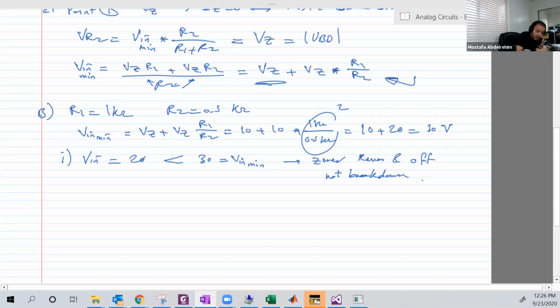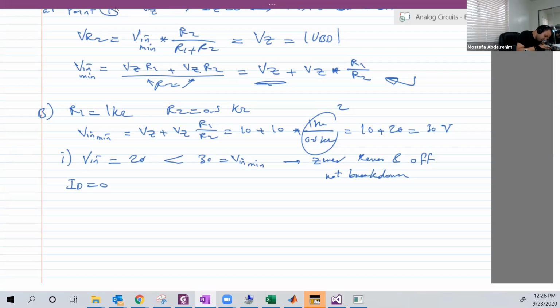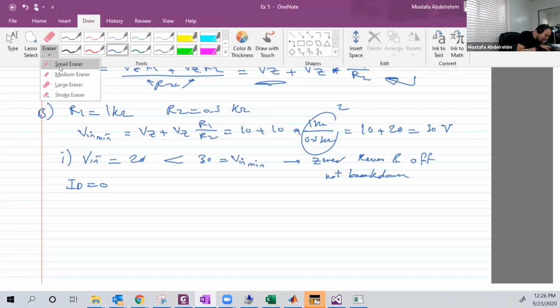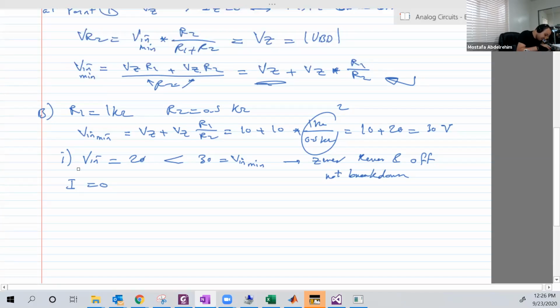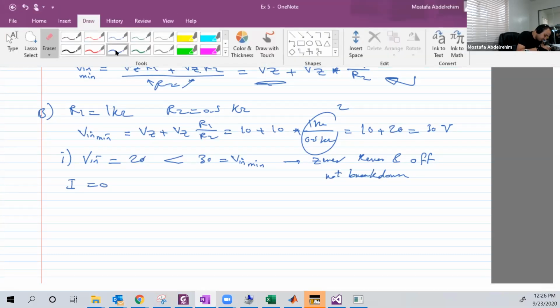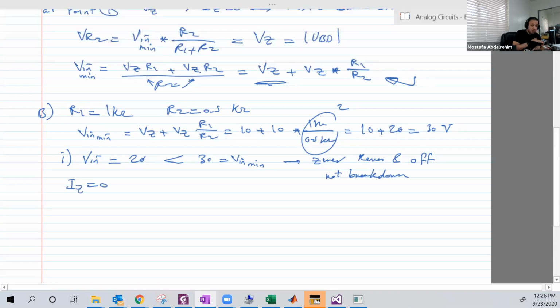If it's not breakdown, then ID or IZ. Yeah, let's be consistent. IZ, which in that case equals ID, because yes, they are opposite in direction, but you know, 0 minus 0 is 0. It's 0.